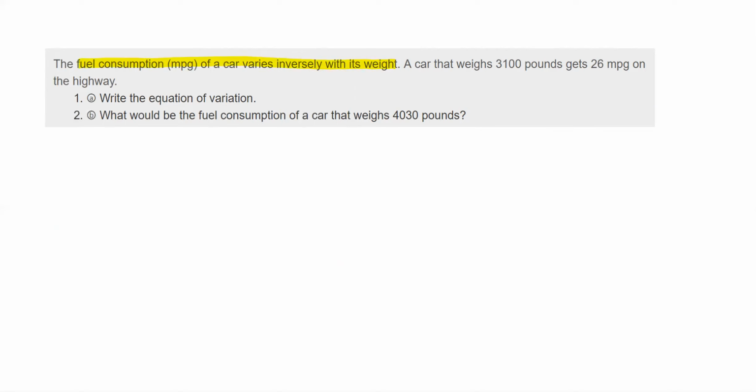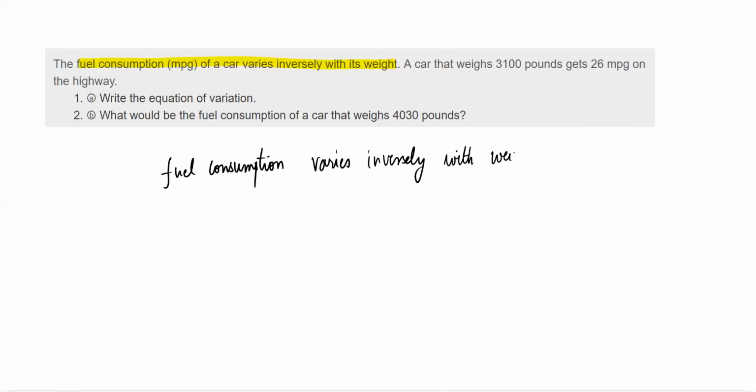Did they give us any variables? Well, they didn't give us any variables. So let me write this out first. Fuel consumption, it's measured in mpg, varies inversely with weight of the car. Fuel consumption of the car varies inversely with the weight of the car.